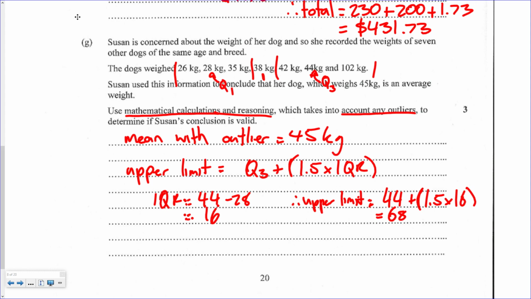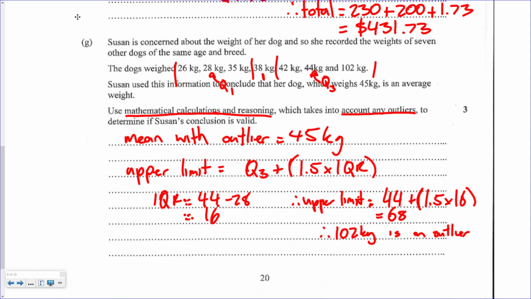So what we're saying here is that's the upper limit. Anything larger than 68 kilograms is going to be an outlier, which we can clearly see that 102 is. So you can't just assume that it's an outlier, even though it's quite obvious. You do need to prove it, okay? So therefore, 102 kilograms is an outlier.